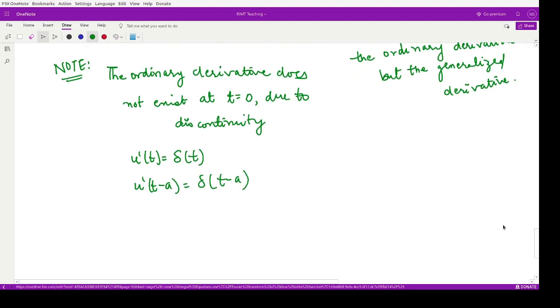And moreover, we also have this one property, known as the filtering property.